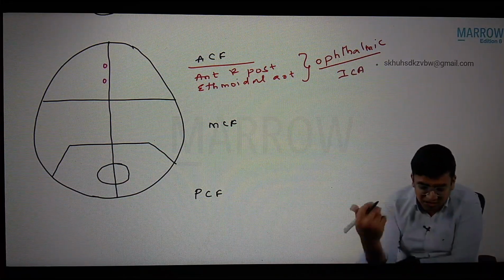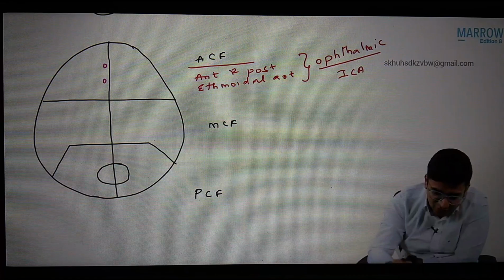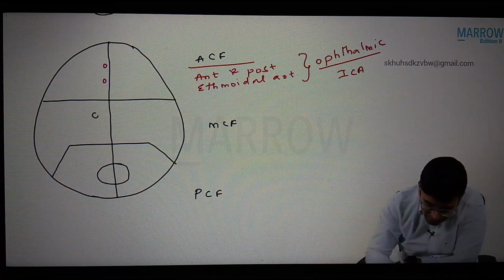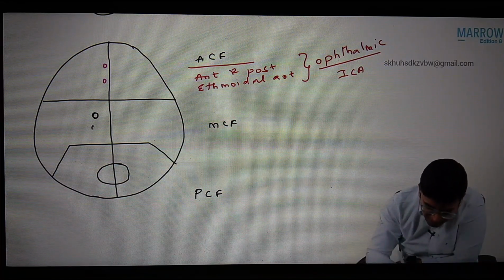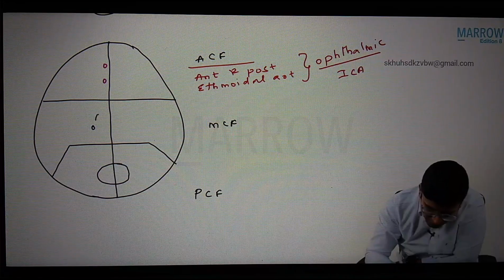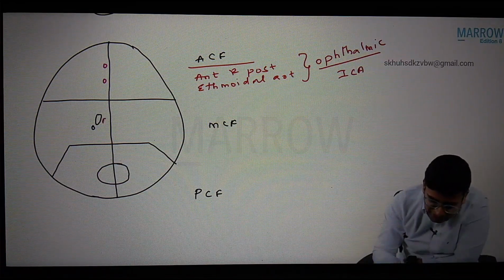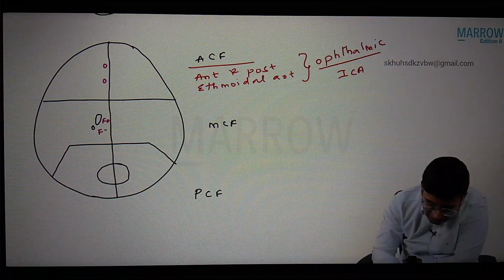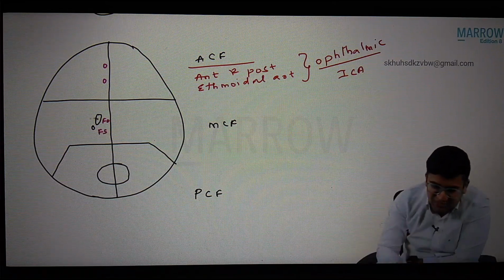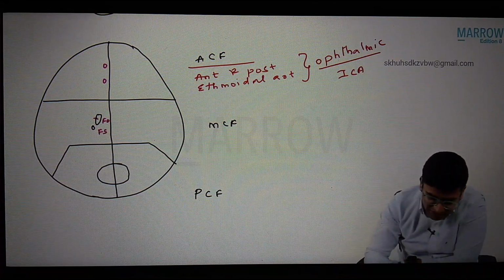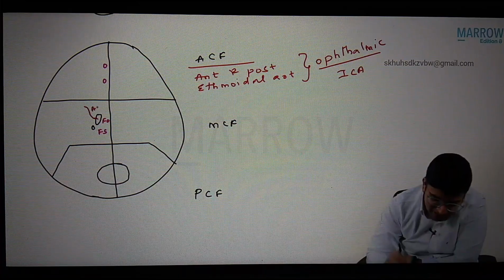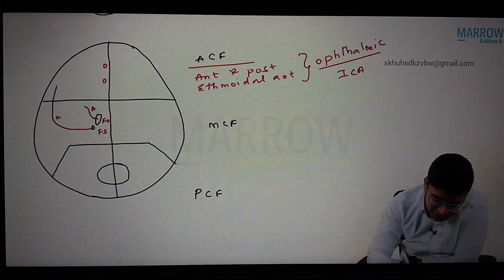Now in the middle cranial fossa, we have the foramen ovale and foramen spinosum. I am writing foramen ovale as FO and this is FS. The foramen ovale transmits the accessory middle meningeal artery, and the foramen spinosum transmits the middle meningeal artery.